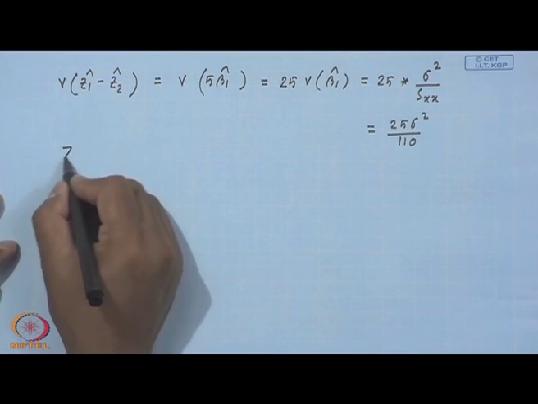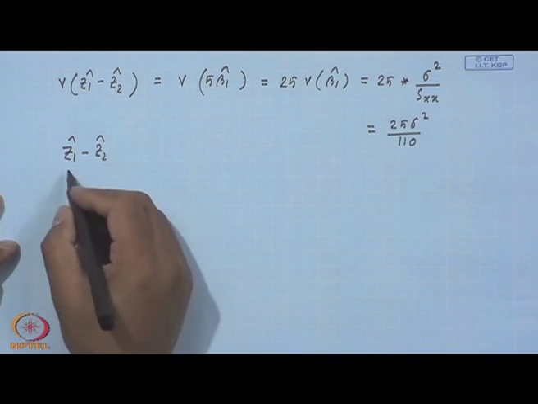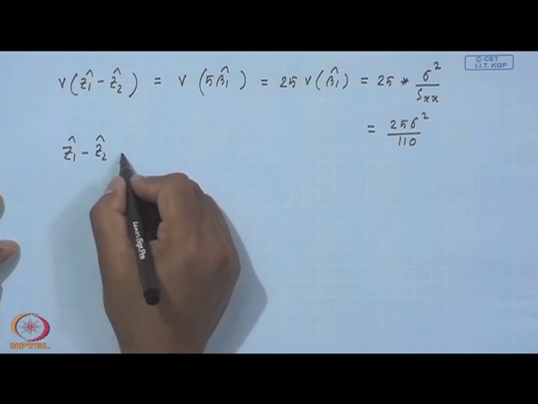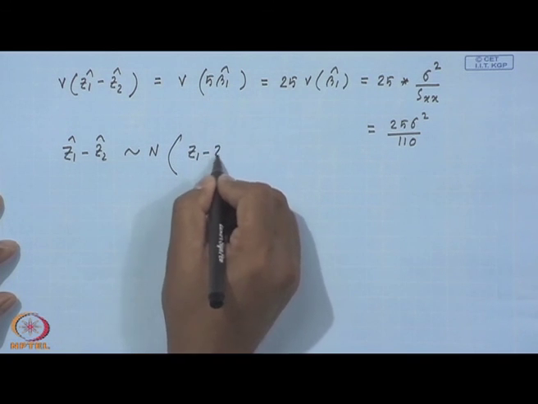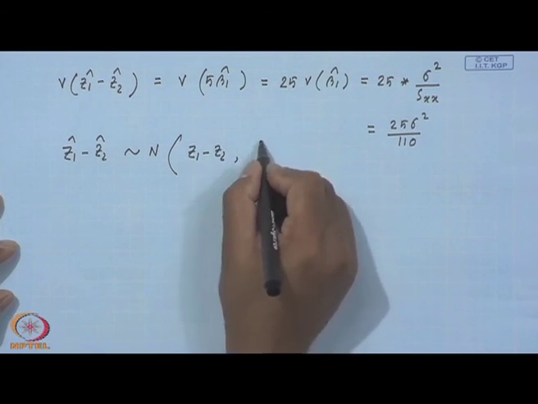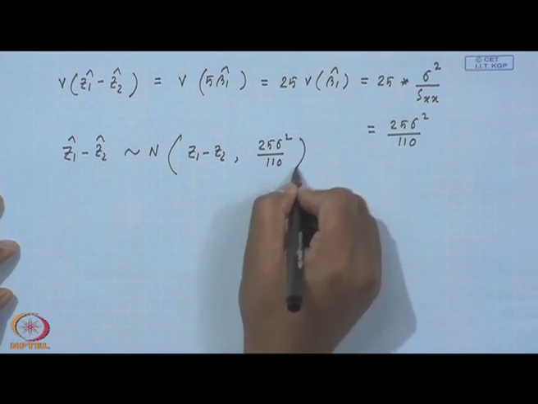Okay. So, Z 1 hat minus Z 2 hat, which is an unbiased estimator for Z 1 minus Z 2, follows normal distribution with mean Z 1 minus Z 2 and variance 25 sigma square by 110.